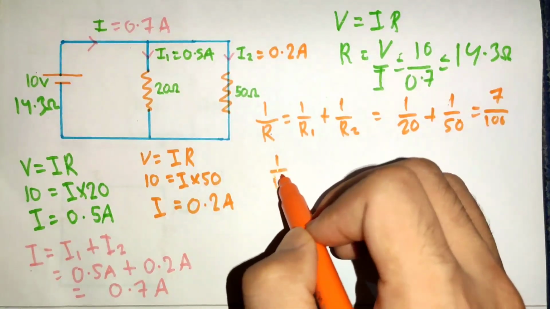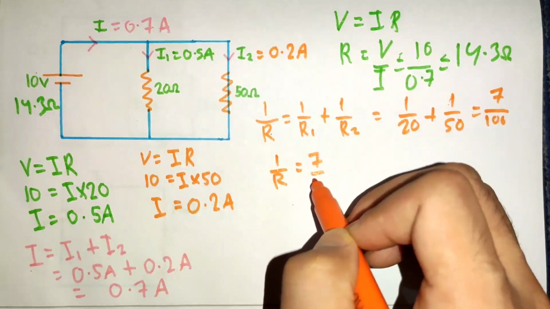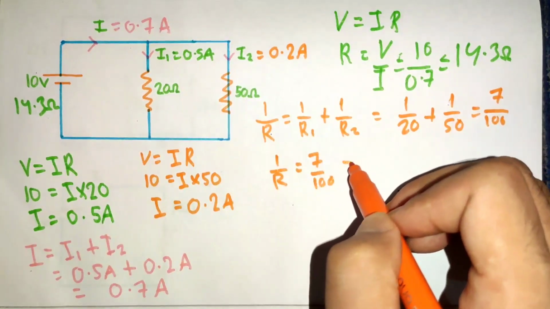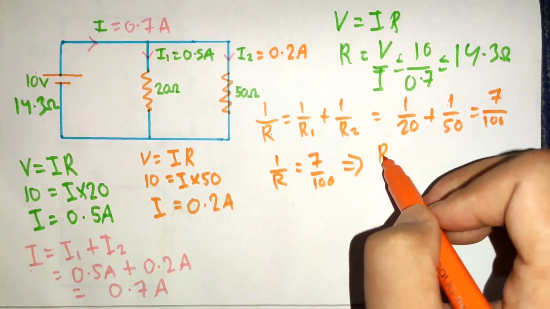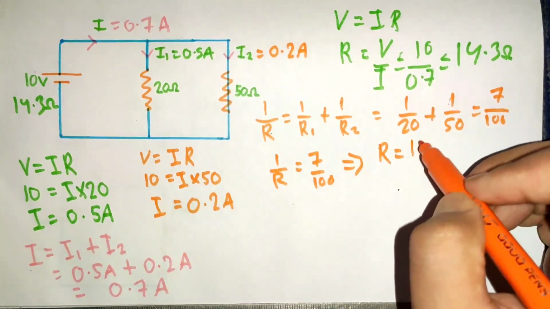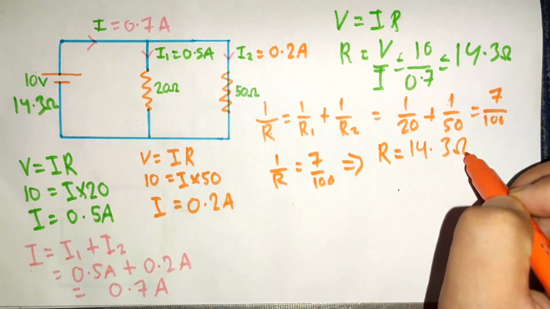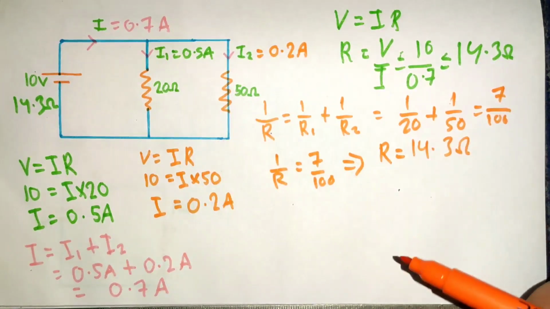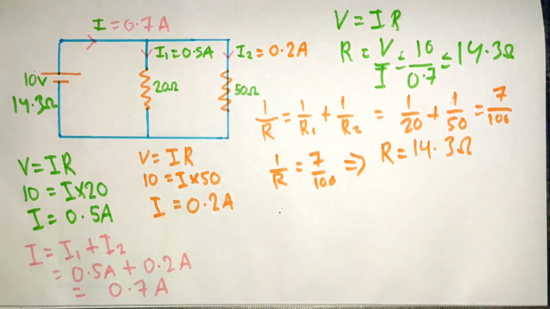So 1 by R equals to 7 by 100, or R equals to 14.3 ohm. As you can see, it gives same value as before.